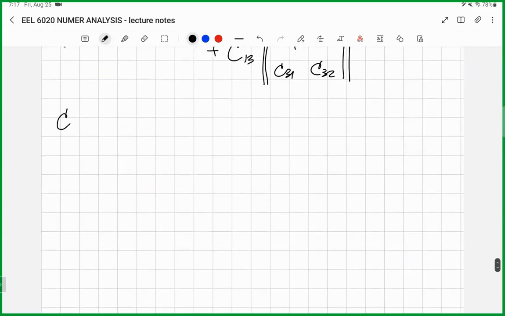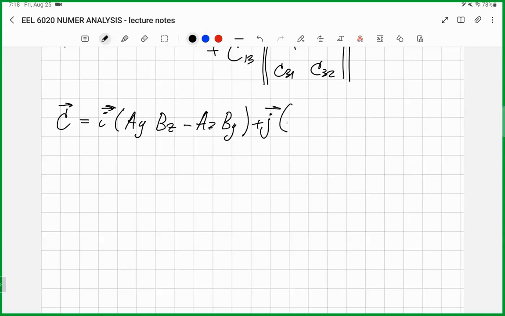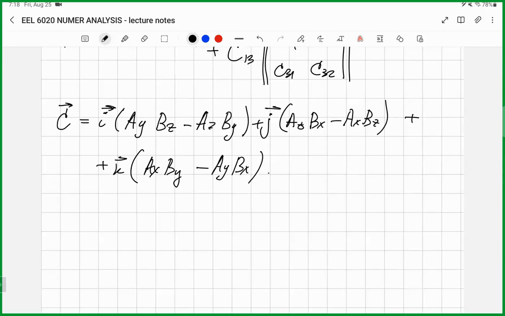So vector C is equal to i, the unit vector along the x direction, times (AY BZ minus AZ BY), then plus j times (AZ BX minus AX BZ), plus k times (AX BY minus AY BX).